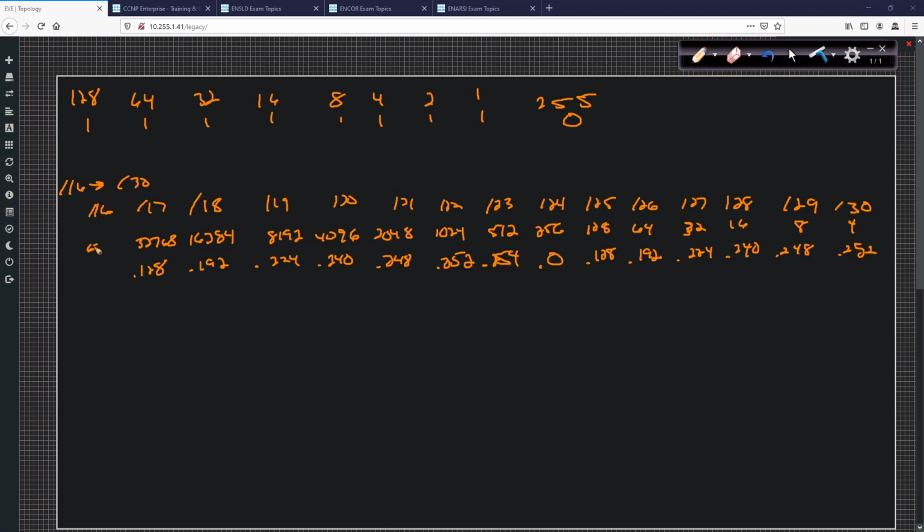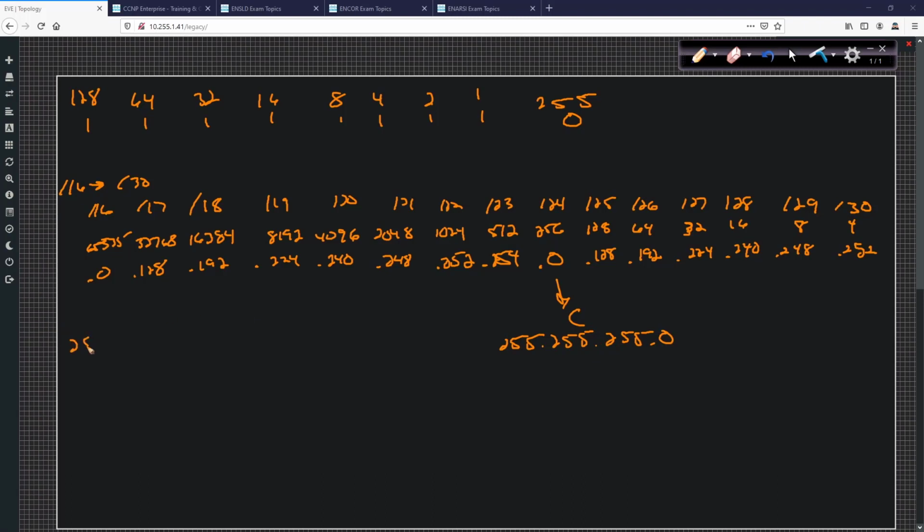This will be a 65,535. And this will be a .0. Right? So when you get down to the zeros, right here, this will be a 255.255.255.0. Okay, this is a class C subnet mask.